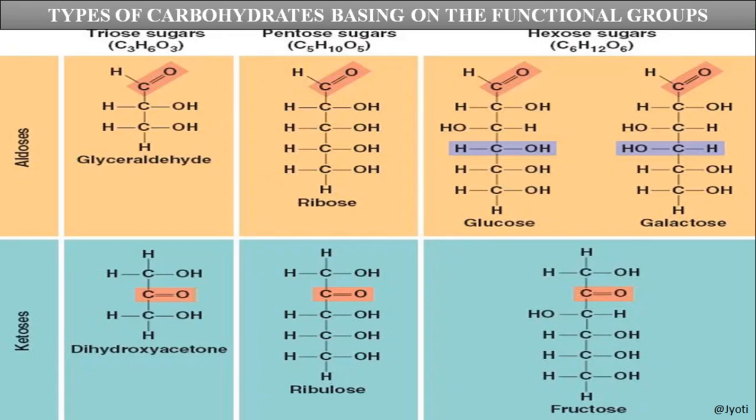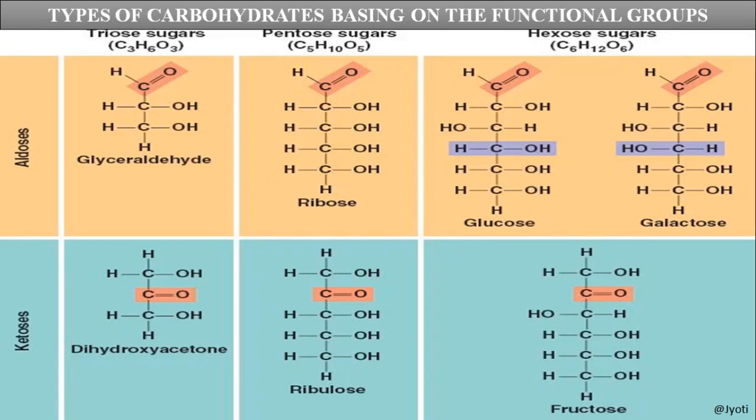The aldehyde and ketone are the functional groups present in the organic compound. The functional group aldehyde is written as CHO and the functional group ketone is written as C double bond O. This you have to remember.